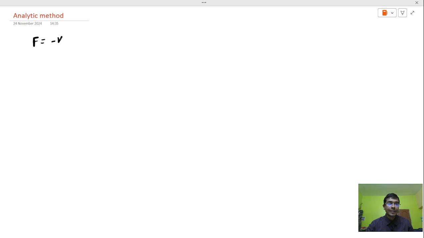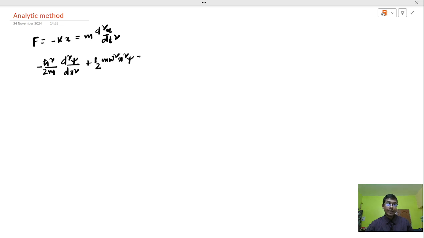So F equals minus kx, which is m d2x/dt2, and our final equation for the harmonic oscillator becomes minus h cross squared by 2m d2psi/dx2 plus half m omega squared x squared psi equals E psi.